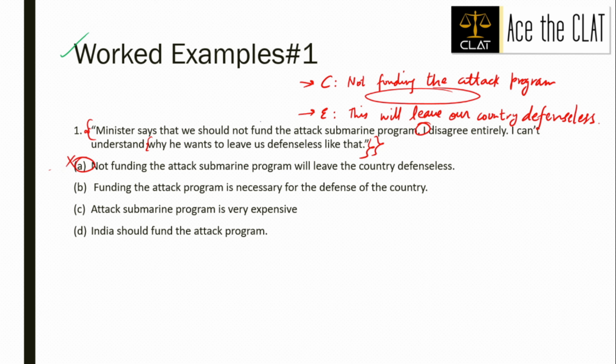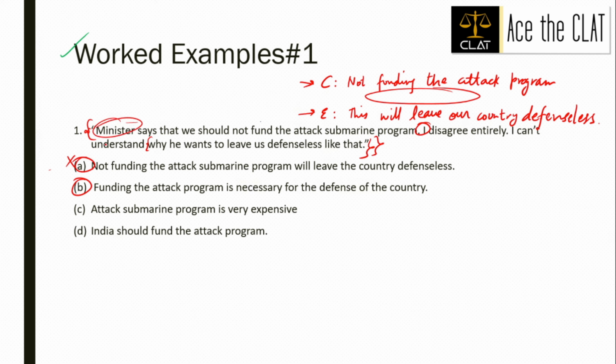B says funding the attack program is necessary for the defense of the country. Let us try to negate this statement. Funding the attack program is not necessary for the defense of the country. Well, if this is true, then the argument is going to fall down, right? If we negate option B, the argument is going to fall down, because after that, why would this person be unhappy with the minister, right?